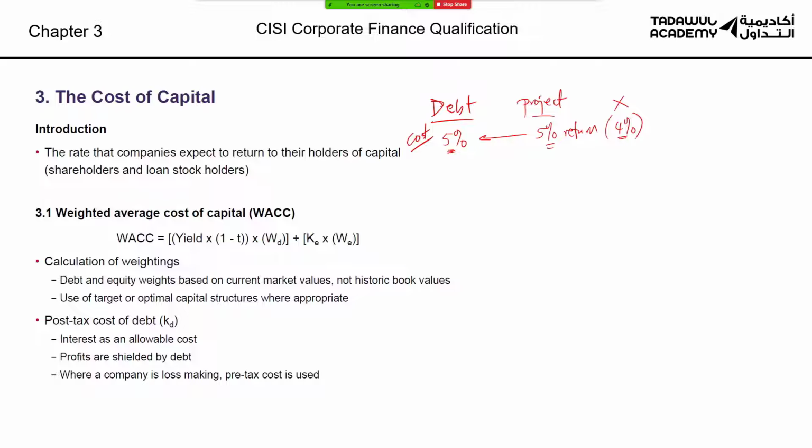Any project which is supposed to be invested in should cover its cost at the very bare minimum. Of course, the cost of debt is a bit more involved than that, but at the very basis of it, this is the idea: cost of debt. Cover the interest that we're paying on our debts, whether it's a loan or a bond.